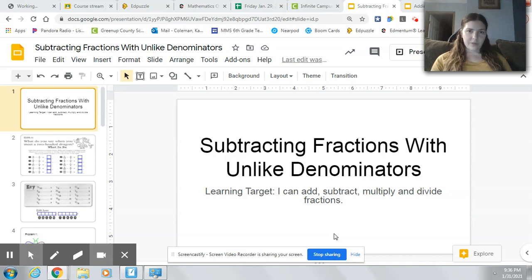I didn't get very much feedback one way or the other, but for everybody who turned it in, it looks like you guys were doing pretty good with it. So we're going to do butterfly method again today, except instead of adding, we're subtracting. And then the other activity you have this week is adding mixed numbers, which is just kind of adding one extra step to the whole process.